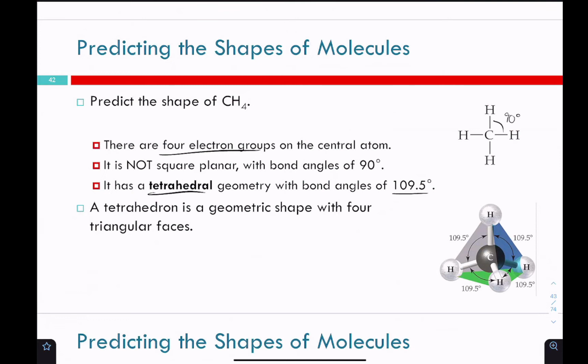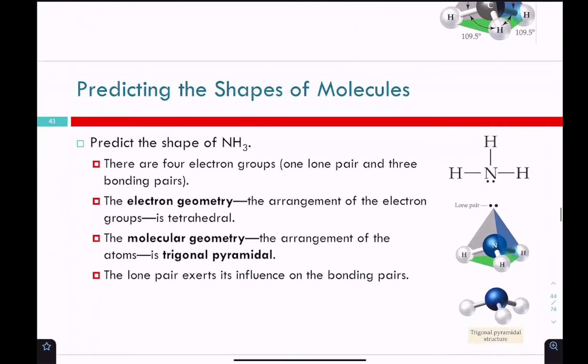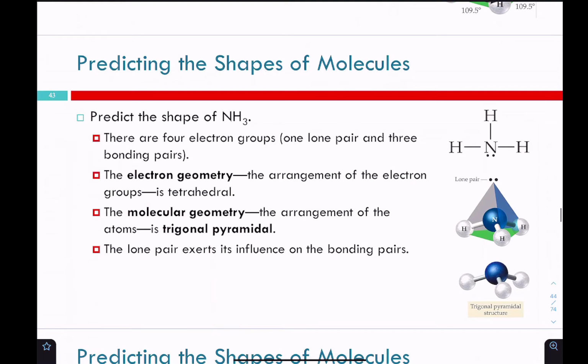Okay. Now, the rest of the shapes come either from a tetrahedral or derive out of a trigonal planar shape. So what happens if I change one of these groups, instead of it being a hydrogen, pluck that off and leave it as just a lone pair.